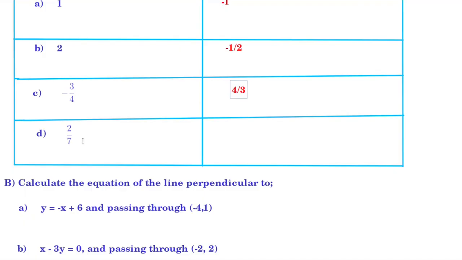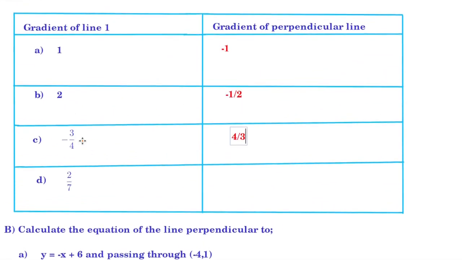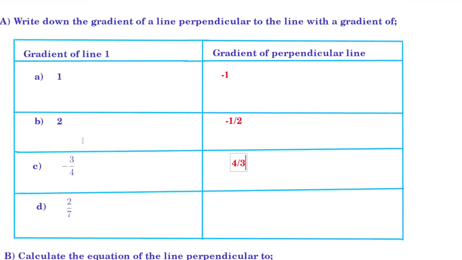The gradient of the line perpendicular to 7 on 2 is the negative reciprocal of that. The reciprocal of 7 over 2 is 2 over 7, so the negative reciprocal is negative 2 over 7. So basically, to find the gradient, you just flip and change the sign.